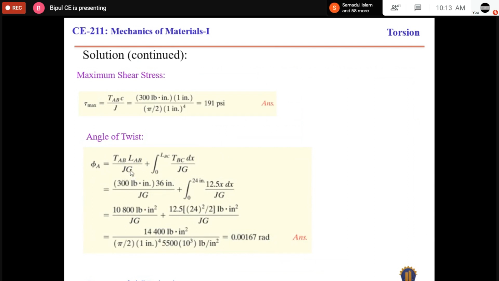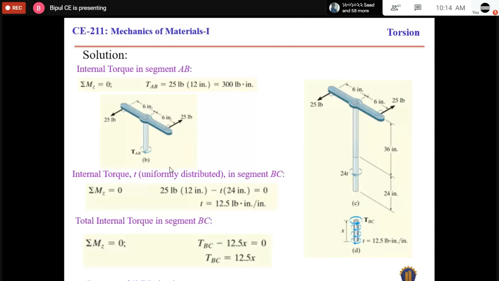These are the material properties and the sectional properties. For segment BC, TBC is the internal torque, and if we consider a small segment dx, this is the angle of twist for the internal torque in the segment BC, and we have the general equation of TBC in the segment BC.